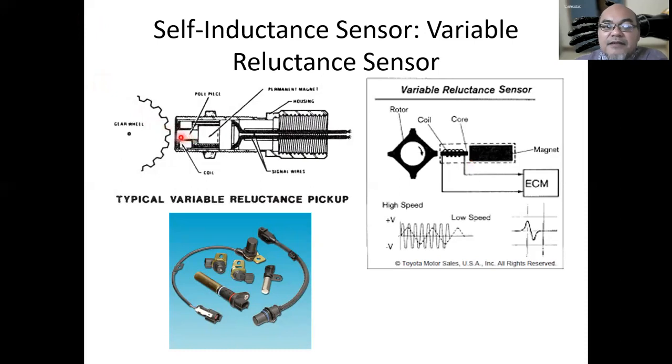So for example here, this is a sensor used to measure the rotation speed of this gear wheel, the rotations per minute.